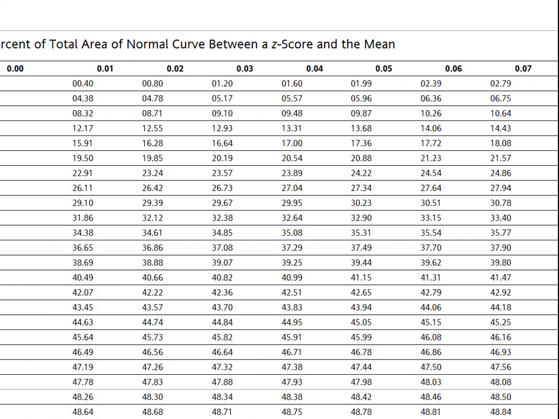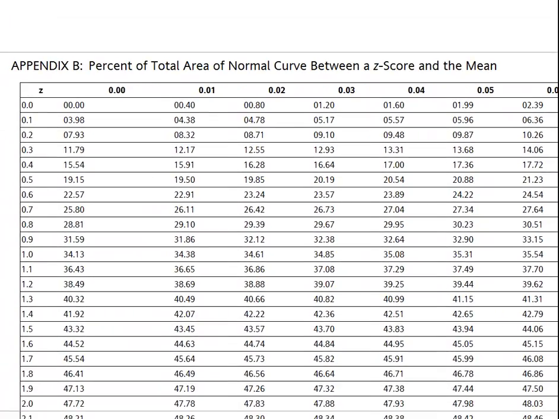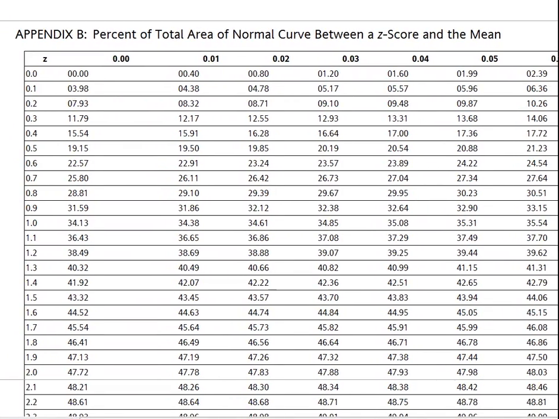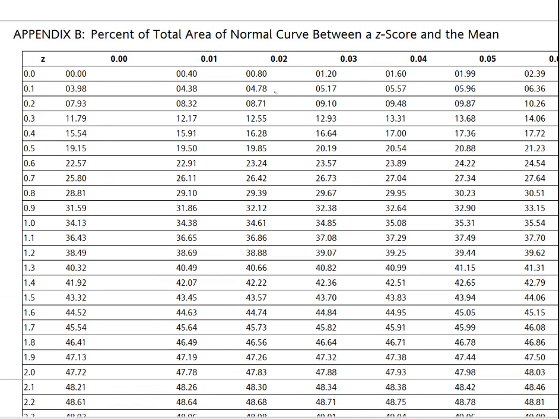So let me see. This is Appendix B, and what this tells me is the total area of the normal curve between the Z-score and the mean.